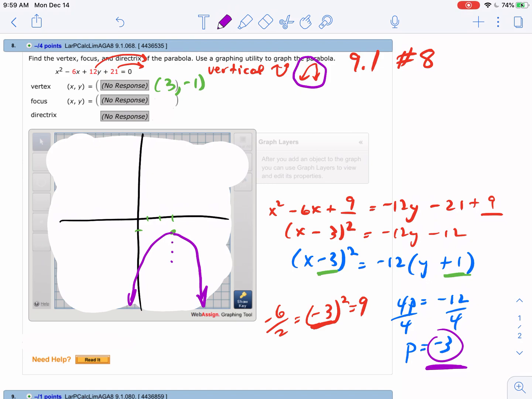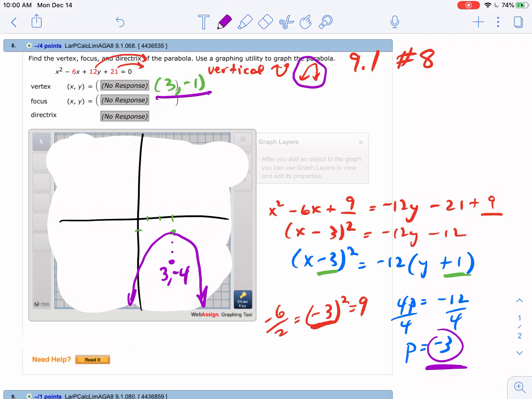So if I drop down 3, I did not change the x value, right? So my vertex is at 3, negative 1. So if I just go straight down, my focus will also be at 3 for an x value. But now I've gone down an additional 3 spots, so this will be 3, negative 4.